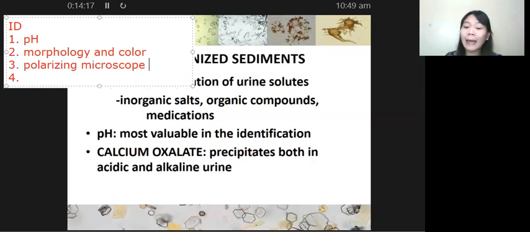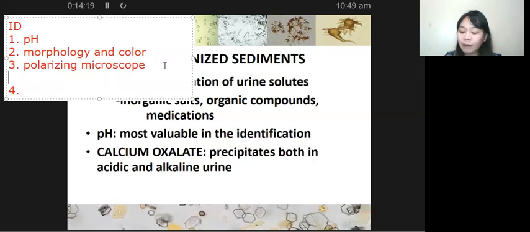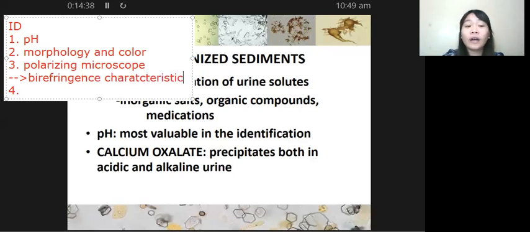However, take note that your polarizing microscope, in addition to of course your cholesterol confirmation, we can also use it in order to determine the birefringence characteristic of your crystals.